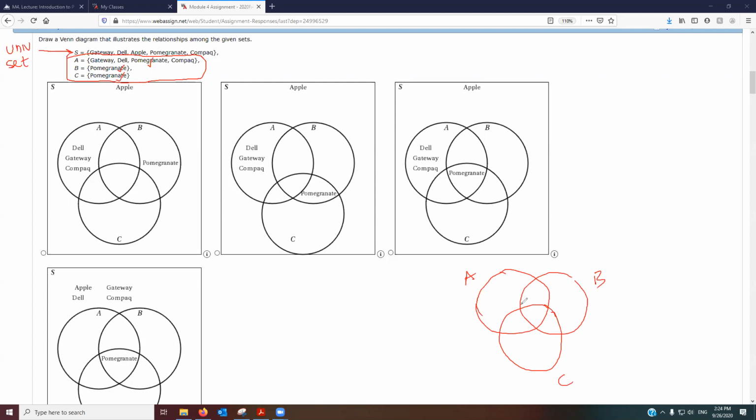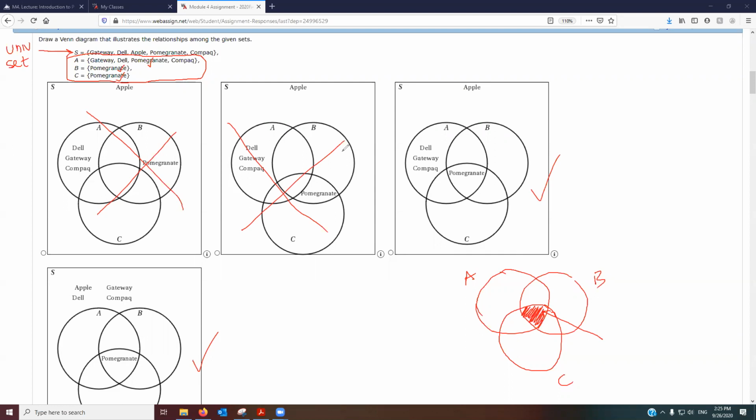Well, there's only one place where that happens, right here in this overlap. That's the only part of the Venn diagram that's located inside circles A, B, and C simultaneously. So that means I got to put pomegranate in this middle section. So this looks like a possible answer, and this looks like a possible answer. I'm going to cross this out because pomegranate isn't in that middle overlap, so those 2 answers can't be right.